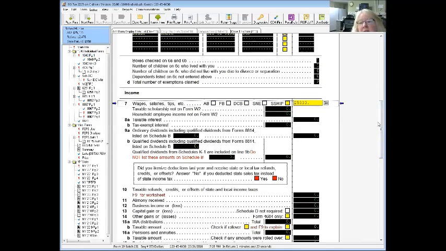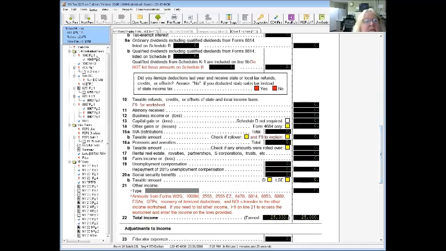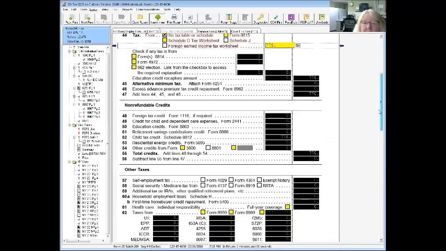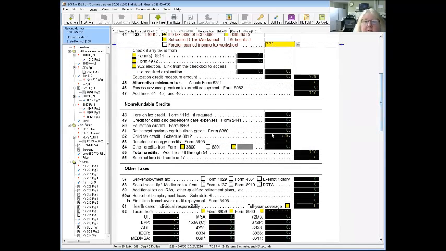Her earnings were 25,000. Her standard deduction for being head of household is $9,250. Her personal exemption is $8,000 because that's $4,000 for her, $4,000 for Billy. So her tax liability is $778. Her child tax credit, which we'll talk about later, comes off.